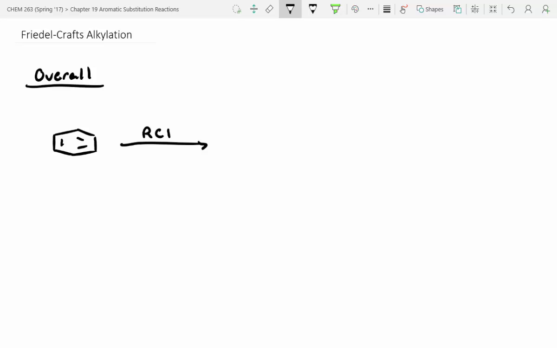And we'll talk about the appropriate alkyl groups that work best for the Friedel-Crafts alkylation reaction. Typically, you want this R group to be a tertiary carbon, and I'll explain why. And then again, we're going to use aluminum trichloride as our catalyst. And when you do this, you can basically add an alkyl group directly on to your aromatic ring really easily. This is a very popular reaction.